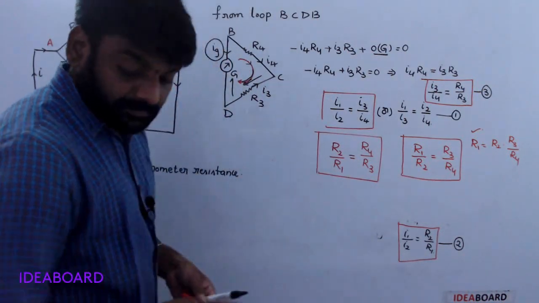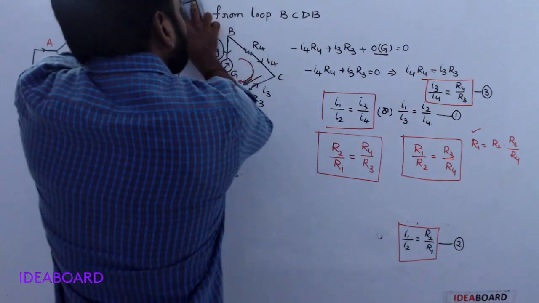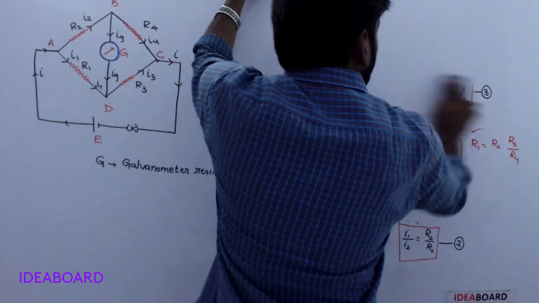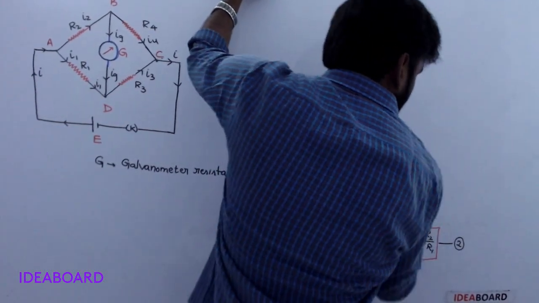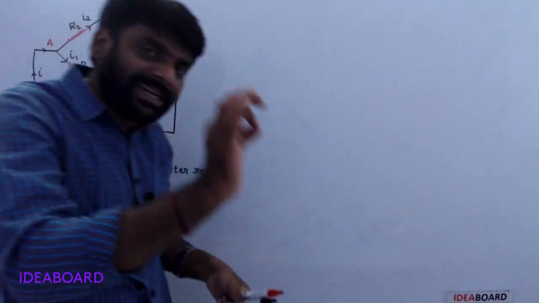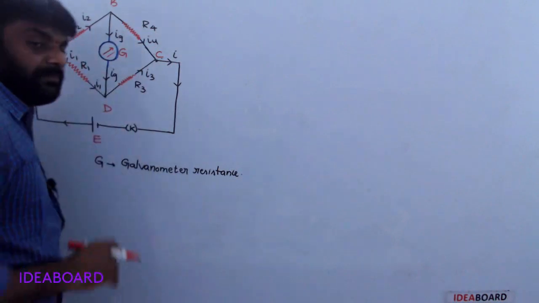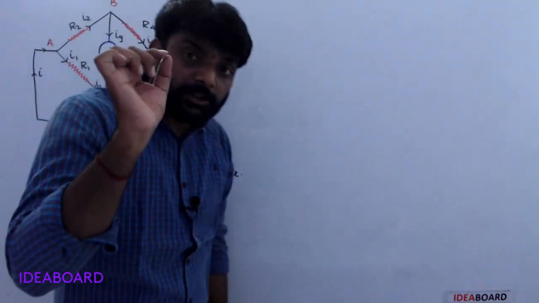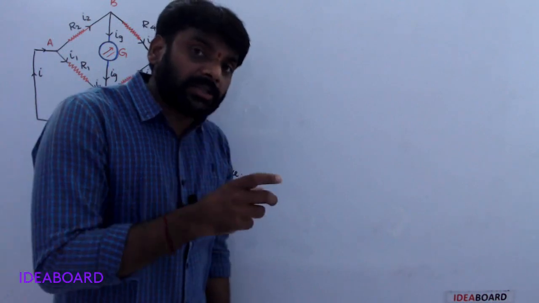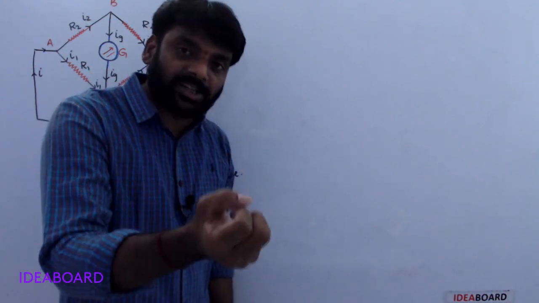Next, galvanometer sensitivity. What is galvanometer sensitivity? Sensitivity in the sense: a small change in resistance, and the galvanometer shows a high deflection. That is the sensitivity.